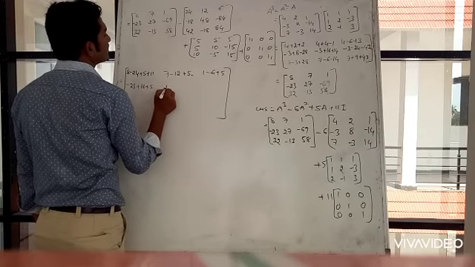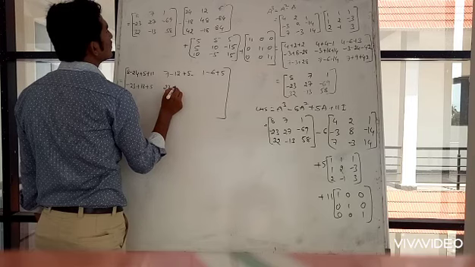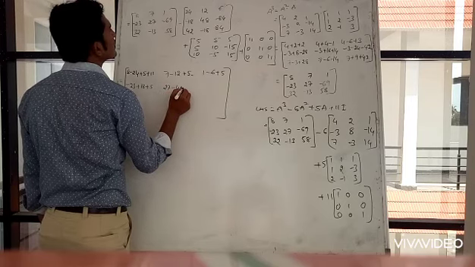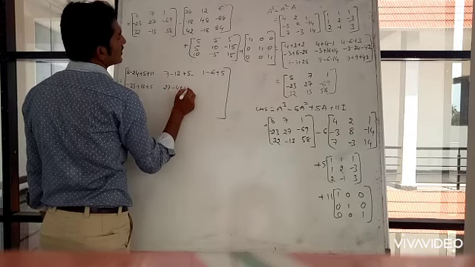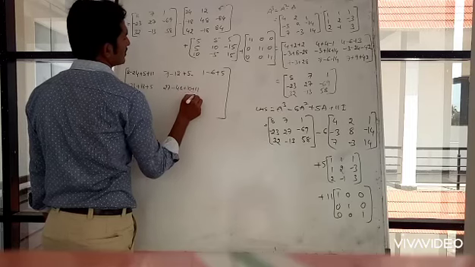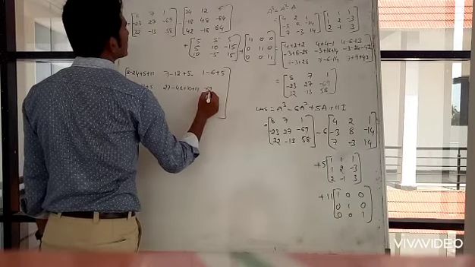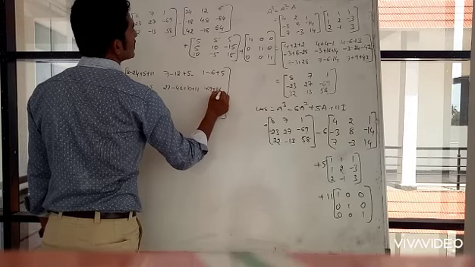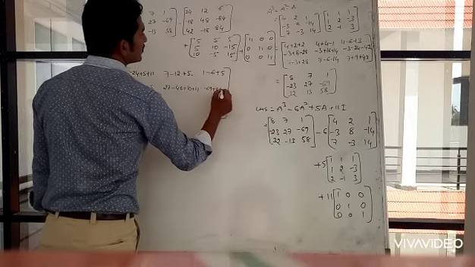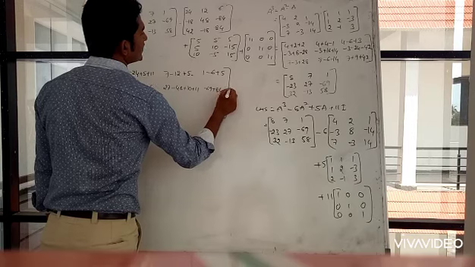Then 27 minus 48 plus 10 plus 11. Here minus 69 plus 84 minus 15.